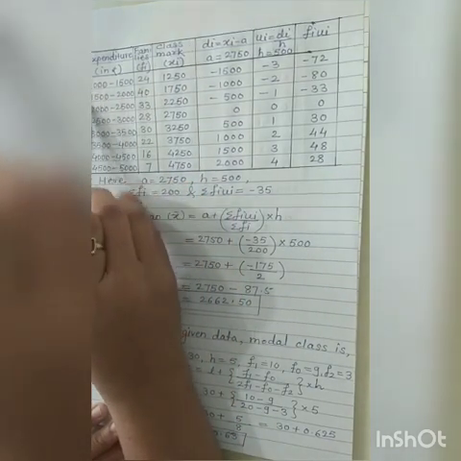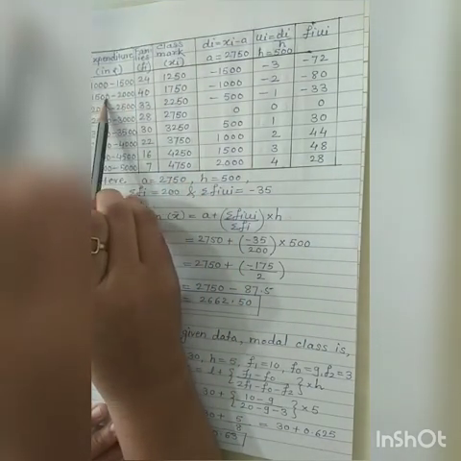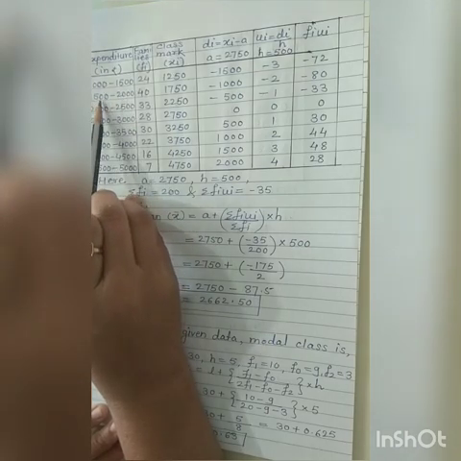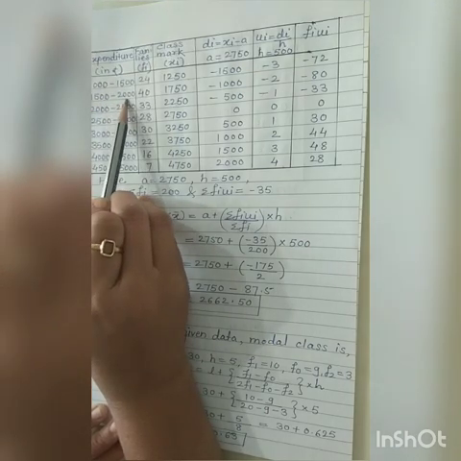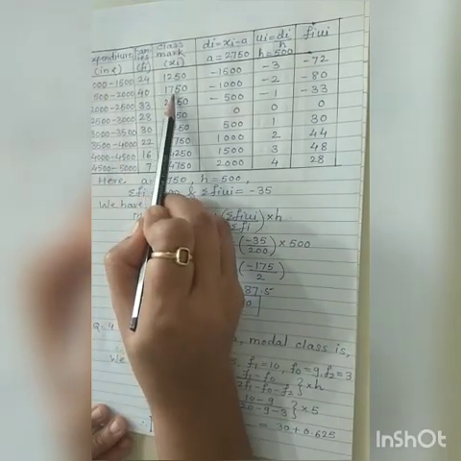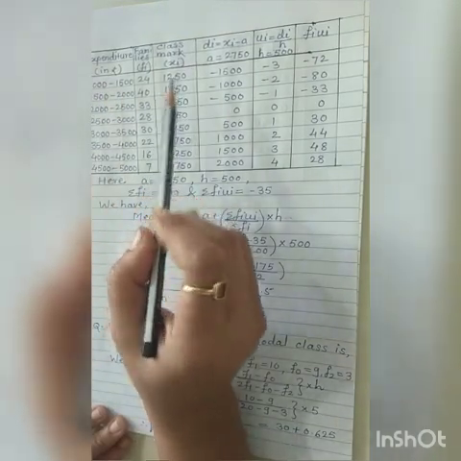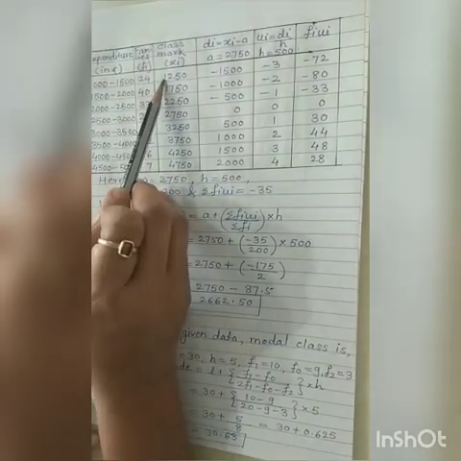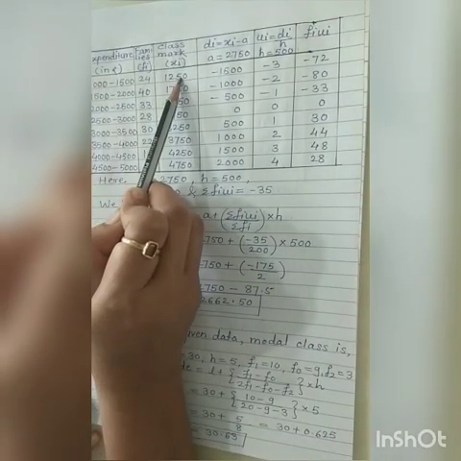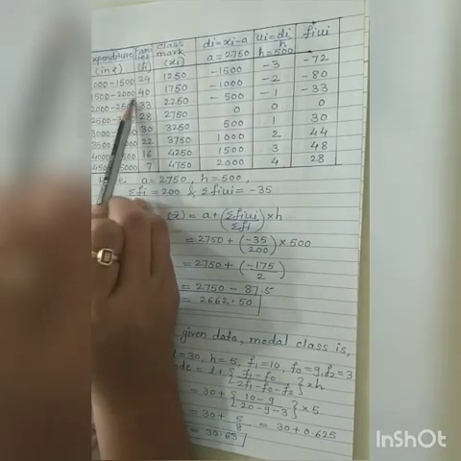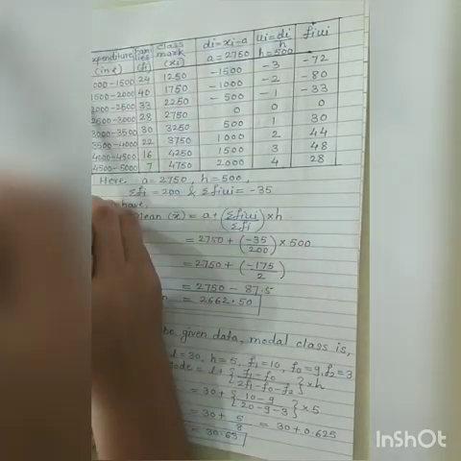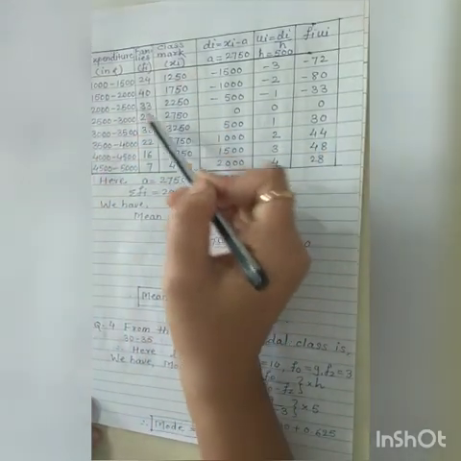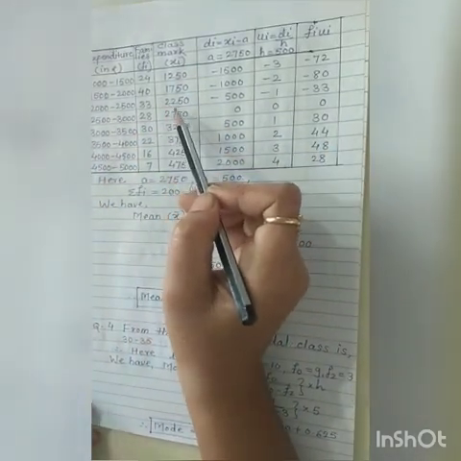For the second class interval, 1500 plus 2000 is 3500 divided by 2 is 1750. Now we can observe here the class mark of the first class interval is 1250 and here 1750 for the second class interval. So observing this, we can write the next class marks directly.